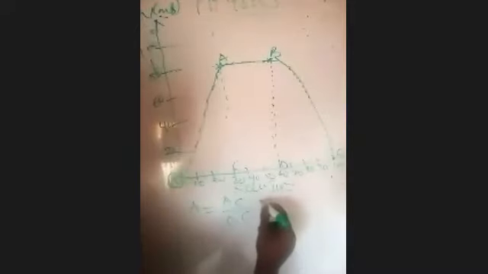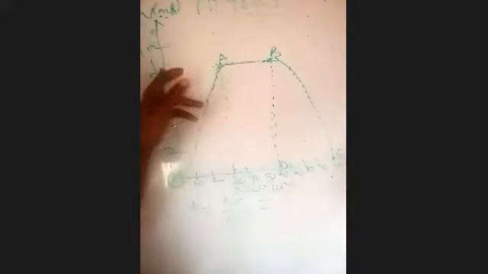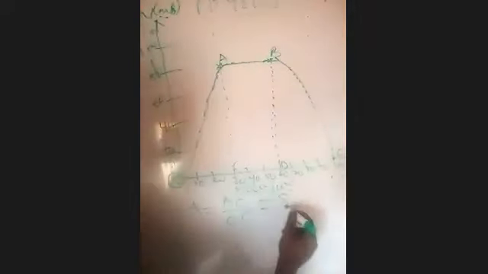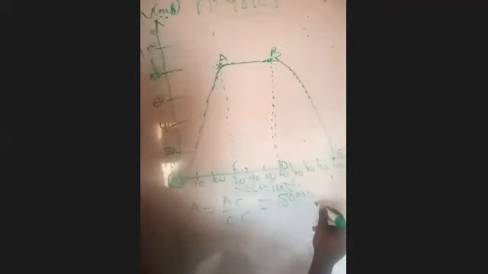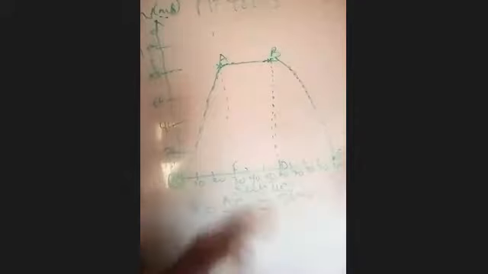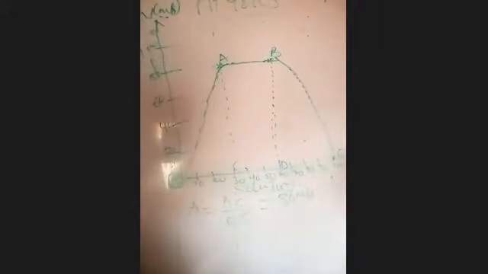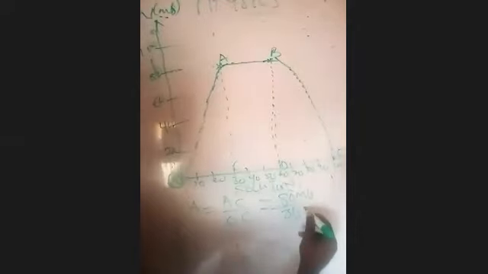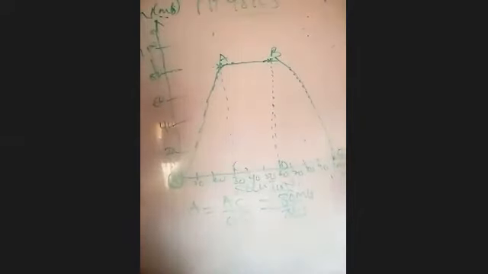Now, our AC is 80 meters per second, all over OC. OC is what? 30. That is 80 meters per second all over 30 seconds.